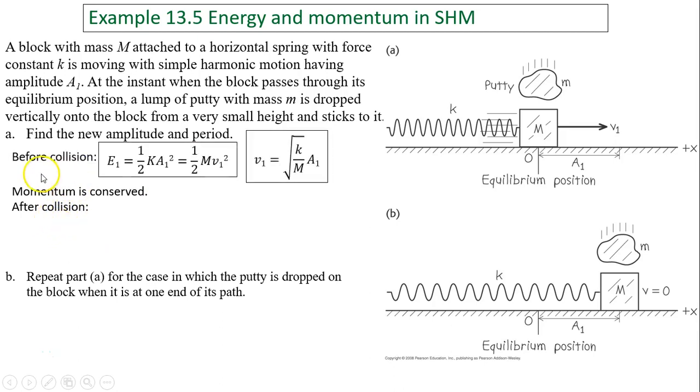First, before the collision, the total energy is 1/2 kA1 squared, and that equals 1/2 mv1 squared. v1 is the velocity at equilibrium position. So we can find the velocity of the glider equals square root of k over m times A1. And it's moving to the right, therefore it is positive.